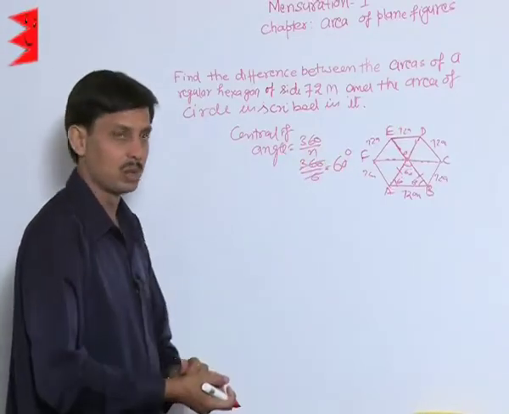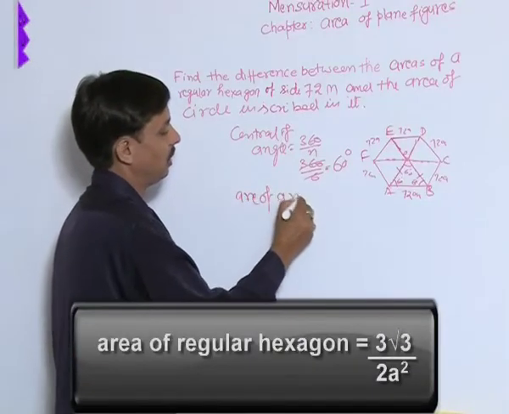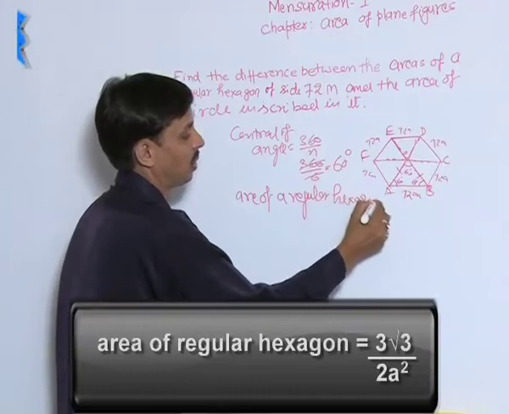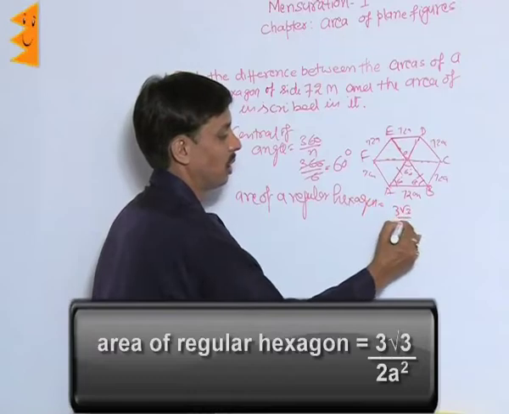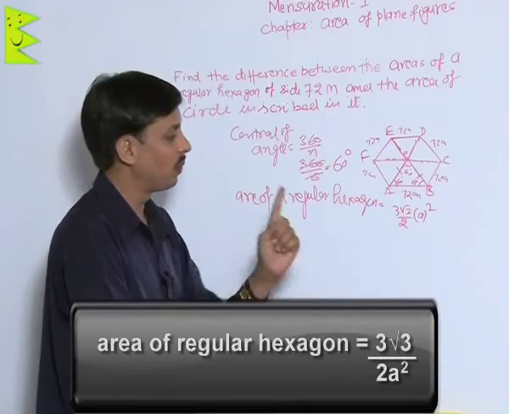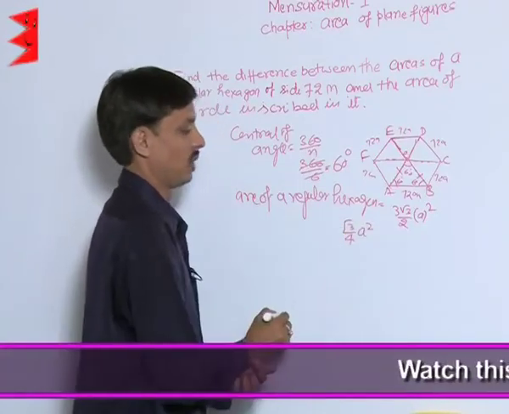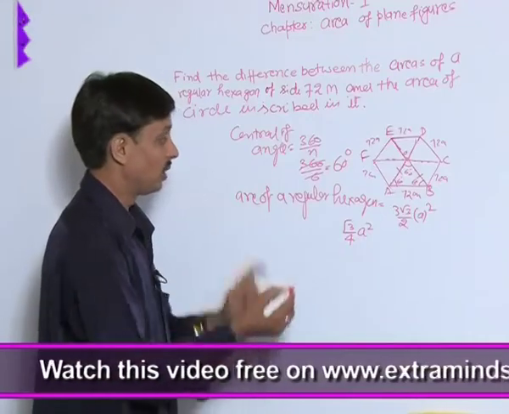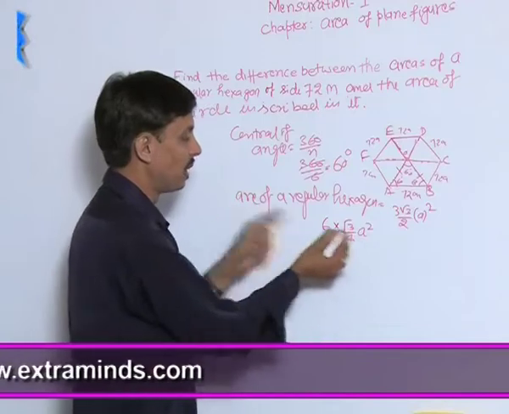There is a direct formula also, like this: area of a regular hexagon, if side is A, is given by 3 root 3 upon 2 A whole square, because the area of one equilateral triangle is root 3 by 4 A square. This is the area of one equilateral triangle if side is A, but there are 6 equilateral triangles in a regular hexagon, so we multiply it by 6.